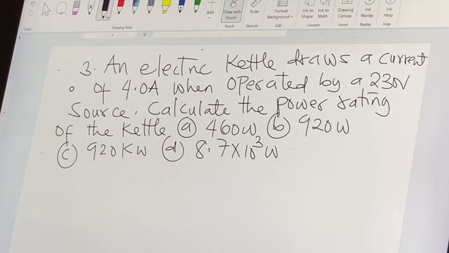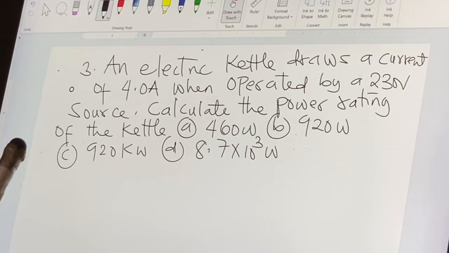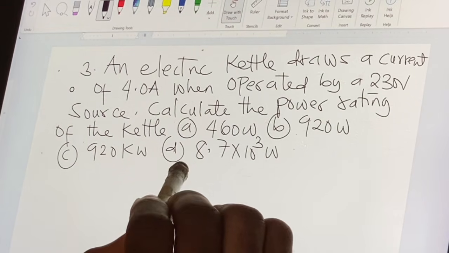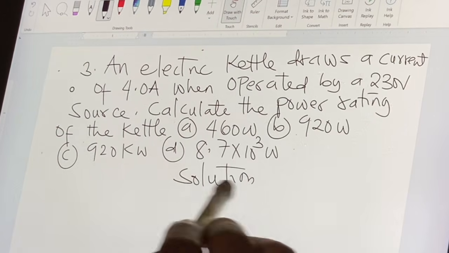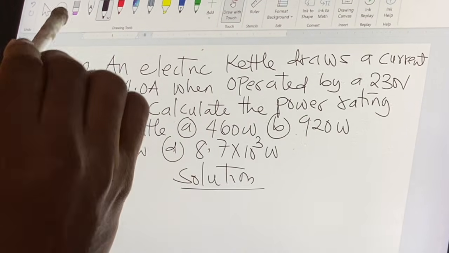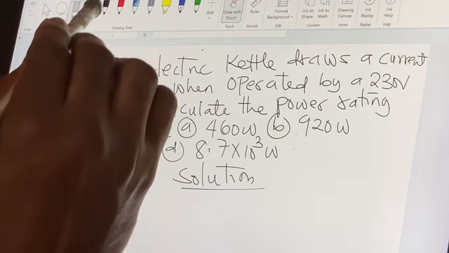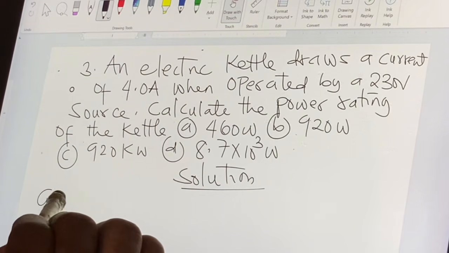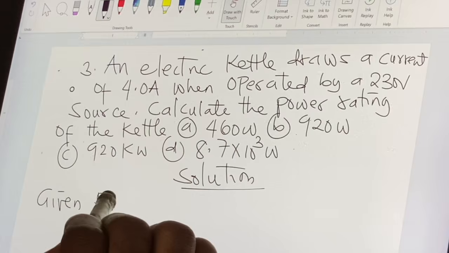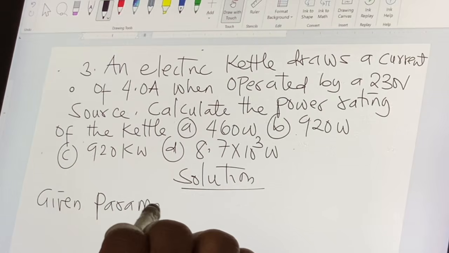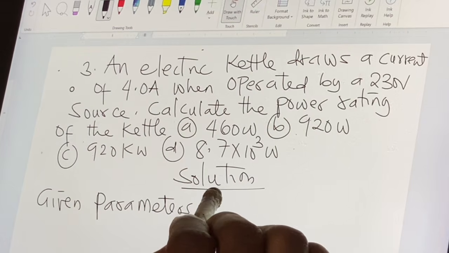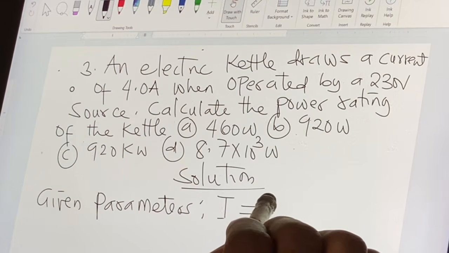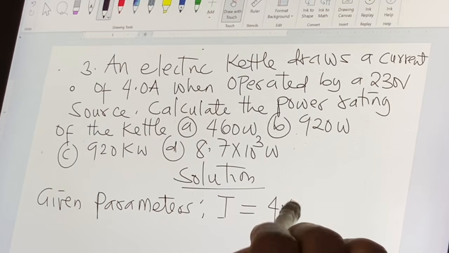Let's calculate the electric power here, but before we calculate the electric power, let's write down the given parameters. Solution first. The given parameters here are current, which is given to us as 4.0 amp.